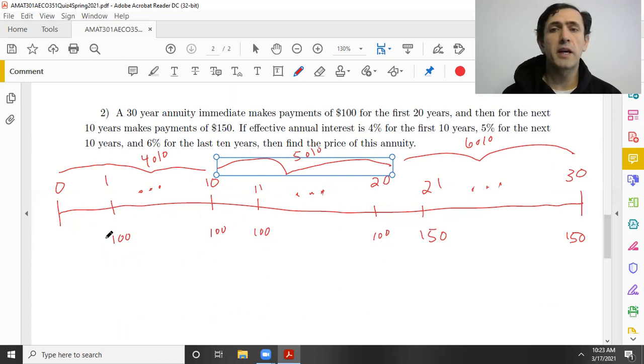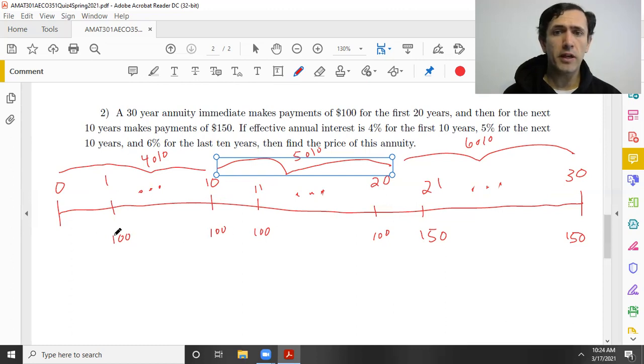You always break the annuities up into separate annuities when you have a differing interest rate or a differing payment. Whenever the annuity payment or the interest rate changes, that's where you break things up.